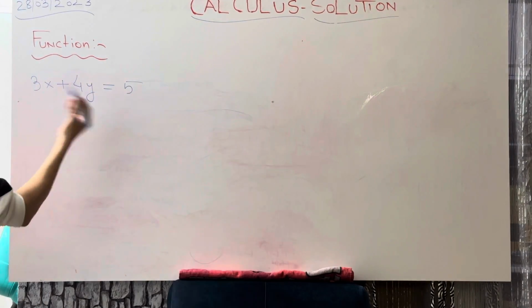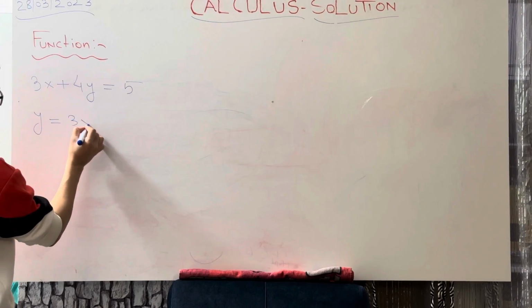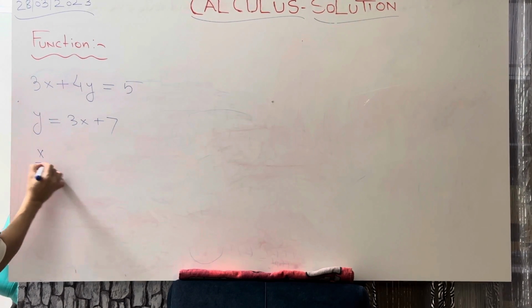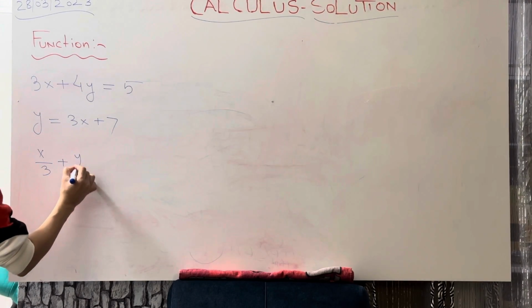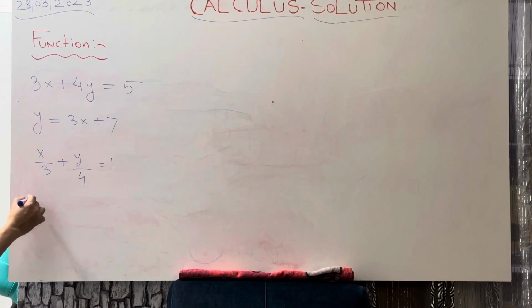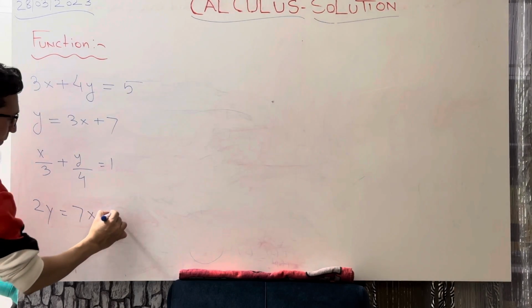I have another equation with a different form. y is equal to 3x plus 7. We can say x divided by 3 plus y divided by 4 is equal to 1. We can say 2y is equal to 7x plus 3.